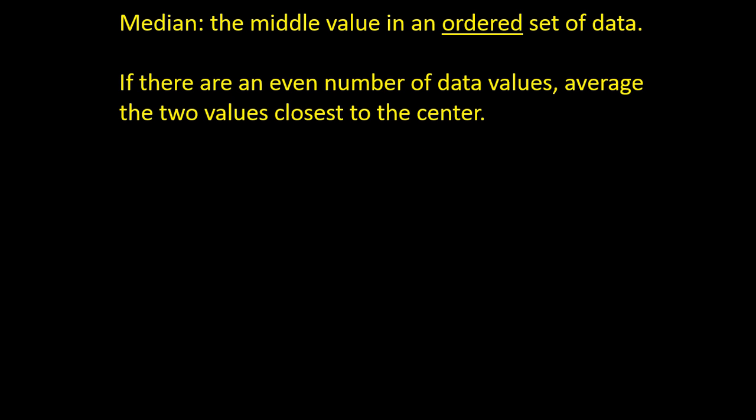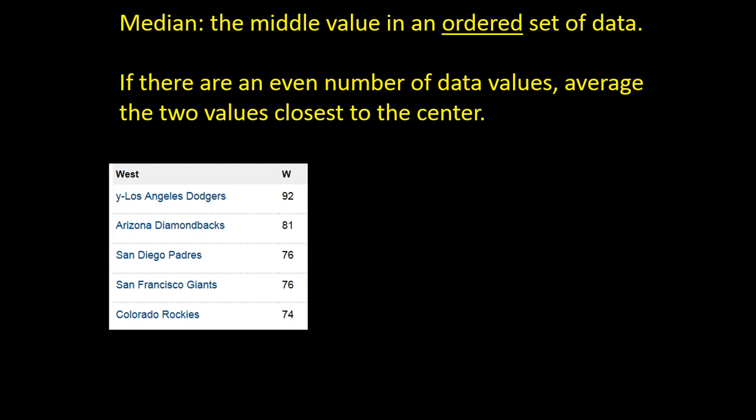Now you'll notice that we had an odd number of values in those 2 examples. If there are an even number of values, you can still find the median, but you'll do that by averaging the 2 values closest to the center. Let's suppose that the West Division did not have 5 teams. Let's suppose that the Colorado Rockies ceased to exist, and the West Division only had these 4 teams.